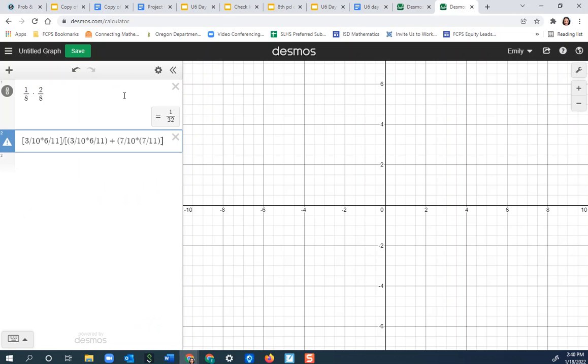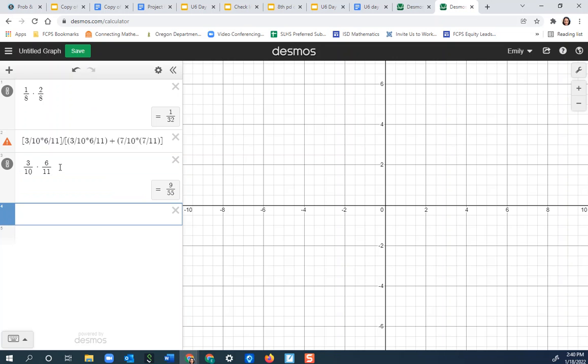Yeah, it does not like something in there. I don't know what it is. Oh, I think it's just the way the fractions are written. It doesn't like that. All right, so I'm doing plus 7/10 times 7/11.